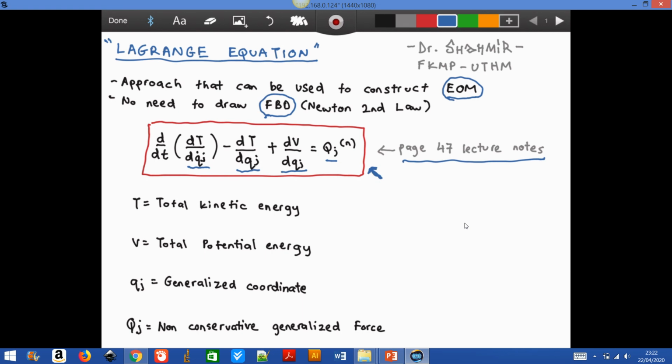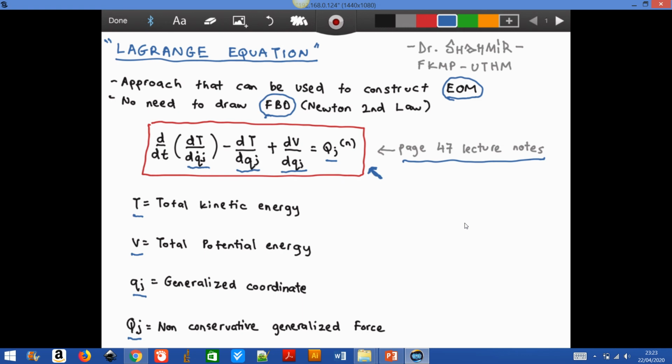So what is in here? T is the total kinetic energy, V is the total potential energy, qj is the generalized coordinate, and capital Qj is the non-conservative generalized force.